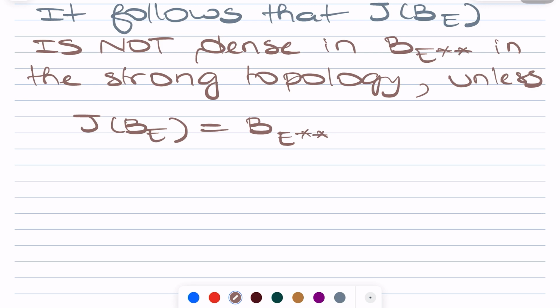But this property is nothing less than saying that E is reflexive. So the image of the closed unit ball via the canonical embedding is dense in B E star star, the closed unit ball in the bidual, if and only if E is reflexive. Good.